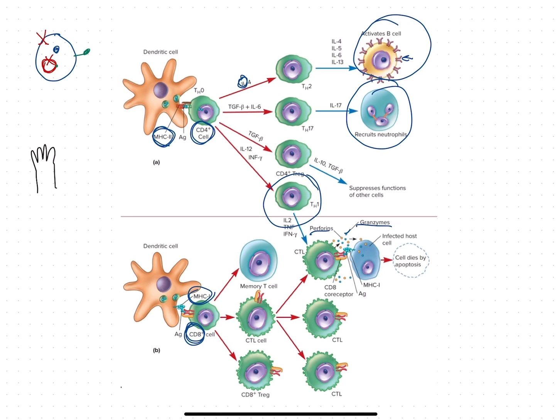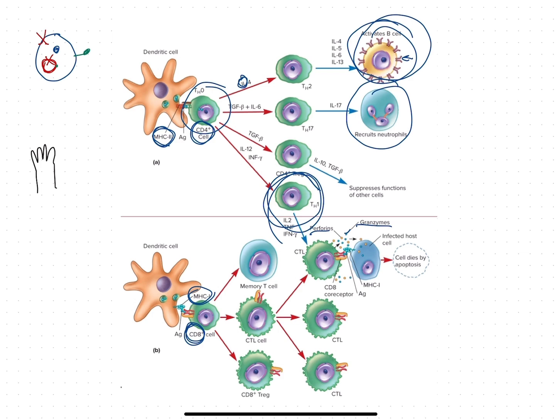And then they can differentiate the cells into memory cells. The usefulness of memory cells is that when you have an infection at first, you have to activate the helper T cell, which then activates the B cell, which then activates the specific cytotoxic T cells, because all of these cells are specific to the pathogen that they encounter.